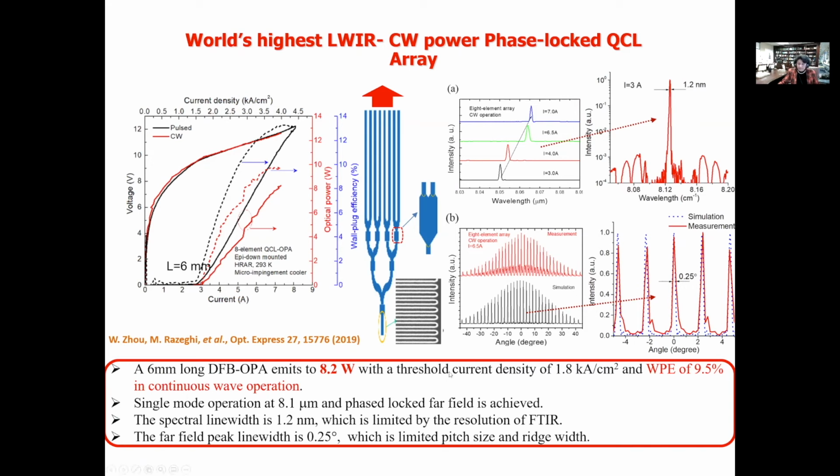Single spectrum phase locked, exactly as you can see here at 8.1 micron, far field is achieved. The spectral linewidth is only 1.2 nanometer, which is limited by the resolution of our FTIR, and at the same time the far field is only 0.25 degree, which is limited by the pitch size and the ridge width.